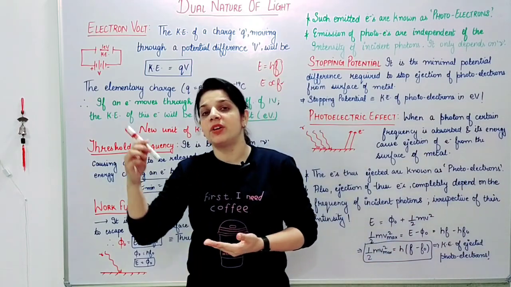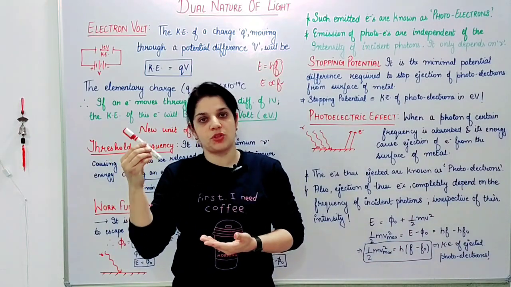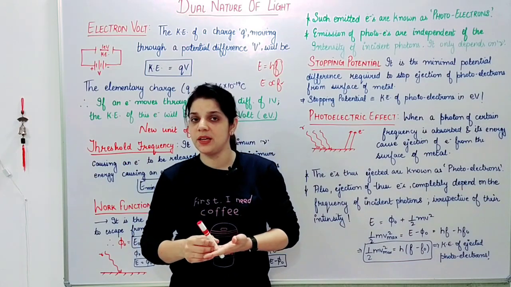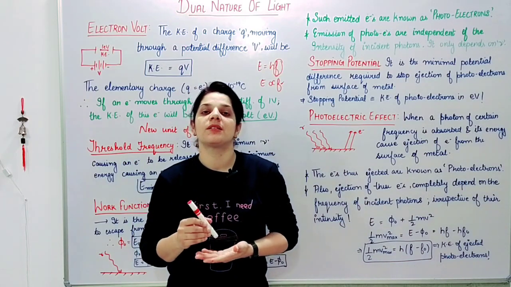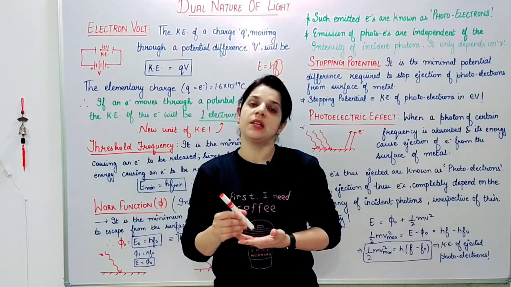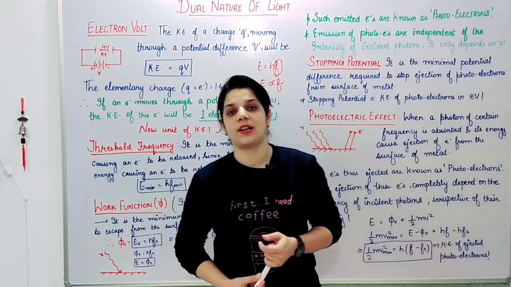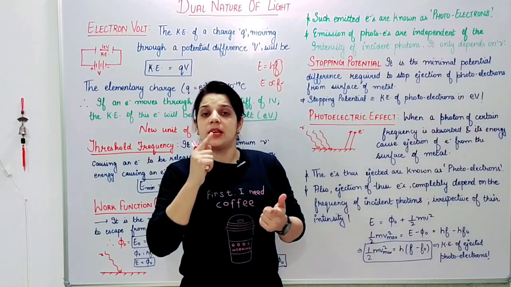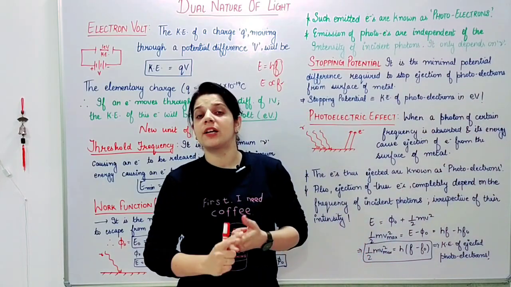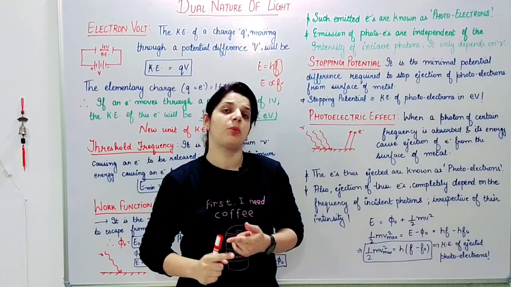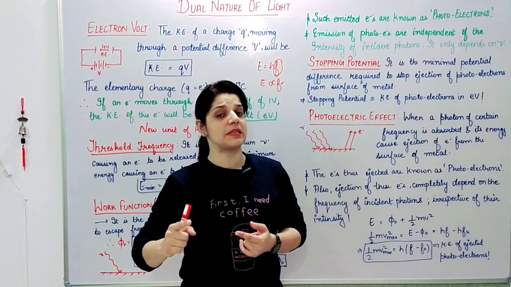But if I have an intensity of 10, which is 10 photons striking this metal surface per unit area per second, but their energy is more than the work function, then there will be emission of electrons. So the emission of electrons depends only upon the frequency of the incident photons.